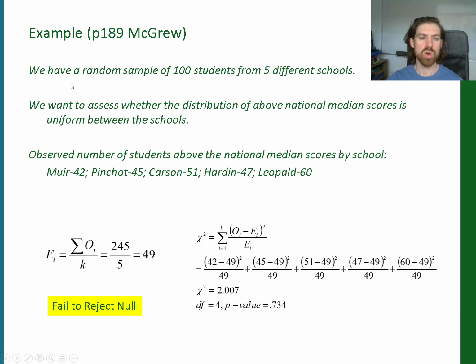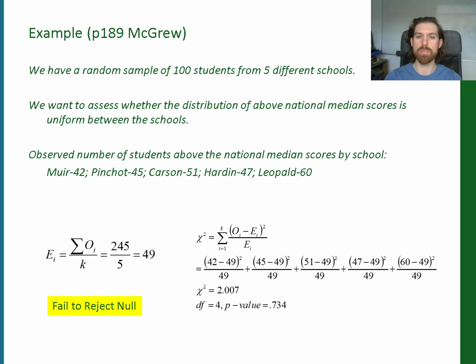Okay, so we have a random sample of 100 students from 5 different schools, and we want to assess whether the distribution of students that are above the national median scores is uniform between the schools. We're interested in whether the proportion of students performing above the national median is the same across all of these schools, or whether there is a difference.